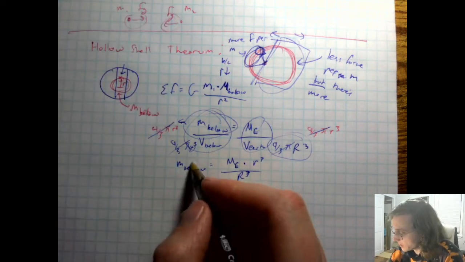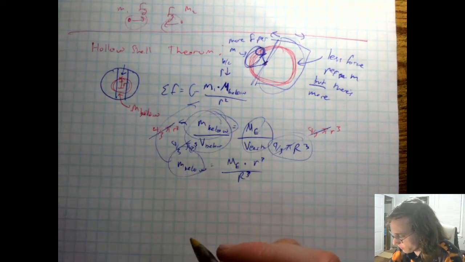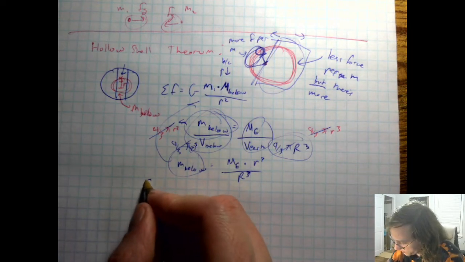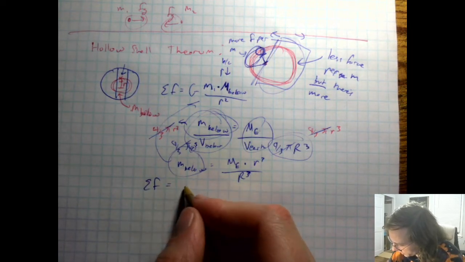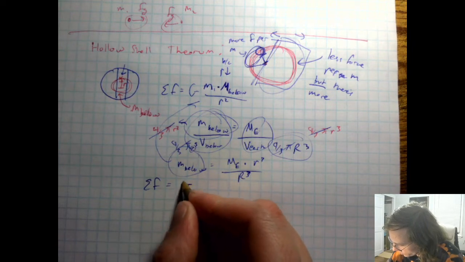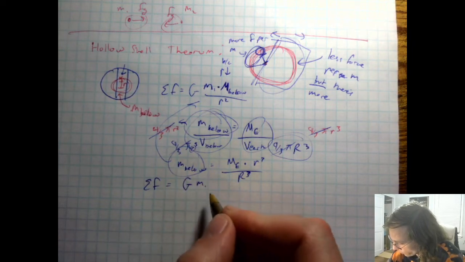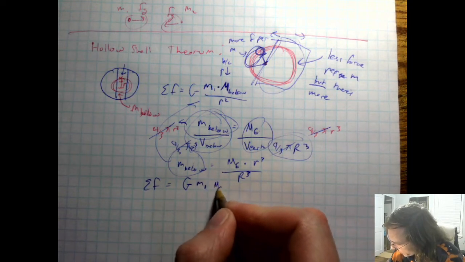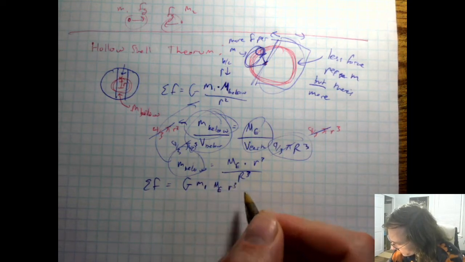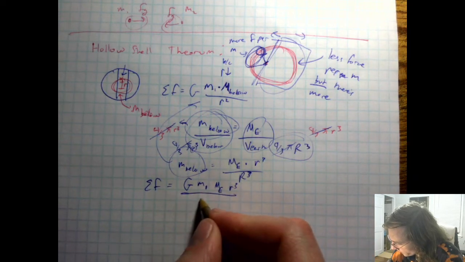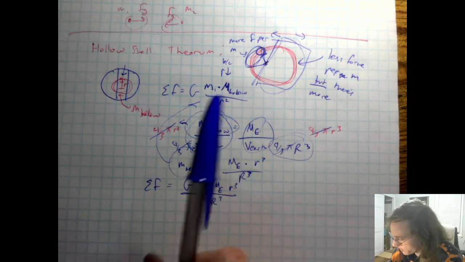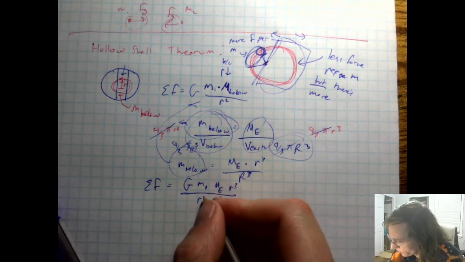From here, if we take this and plug it back into our force from gravity equation, the amount of force that's on us will need to equal G m1, so our mass, times the mass of the Earth times the location we're at cubed, divided by the location we're at squared times the radius of the Earth cubed.